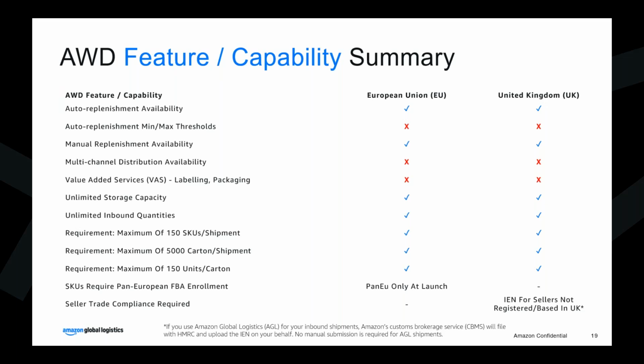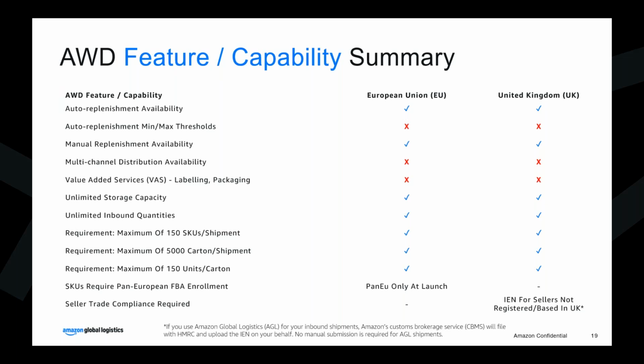You can also see here that we are mentioning again the pan-EU requirement for the EU, for EU only, of course. So you would see that pan-EU is a requirement from the SKU perspective for the launch of AWD.